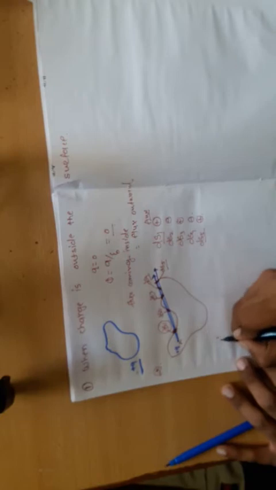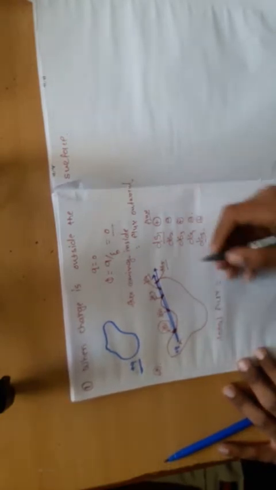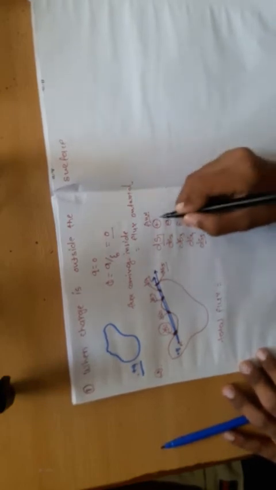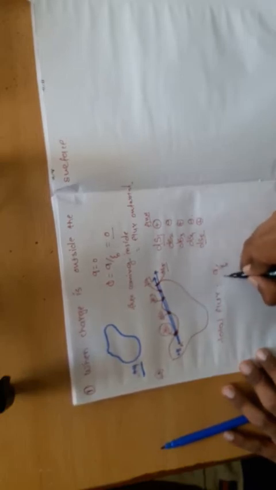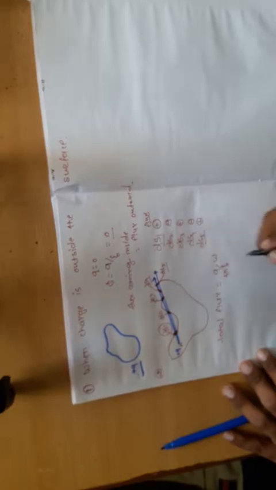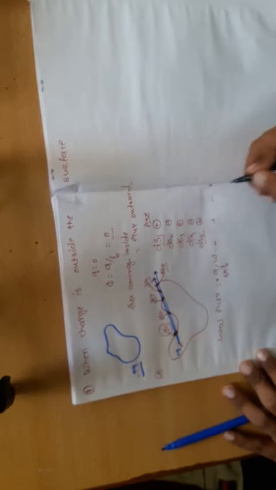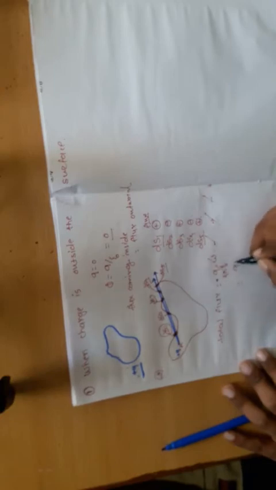So what will be the total flux? The total flux is nothing but the summation of the fluxes: positive, negative, positive, negative, positive. So q by 4 pi epsilon naught into omega. Positive and negative cancel, so I get a final q by 4 pi epsilon naught.